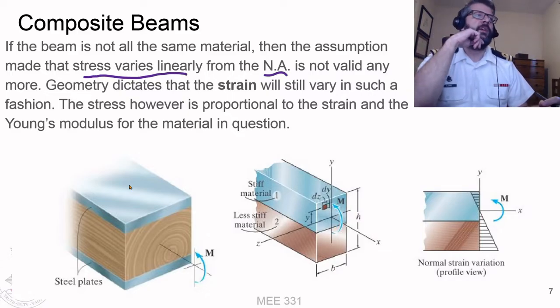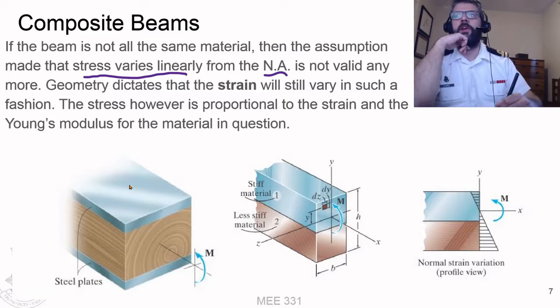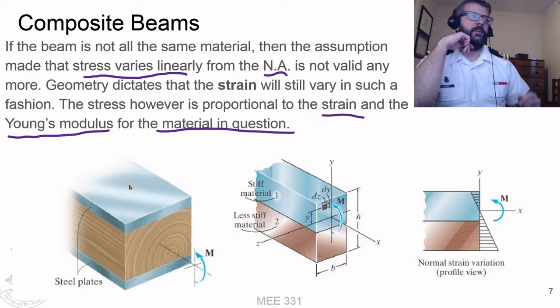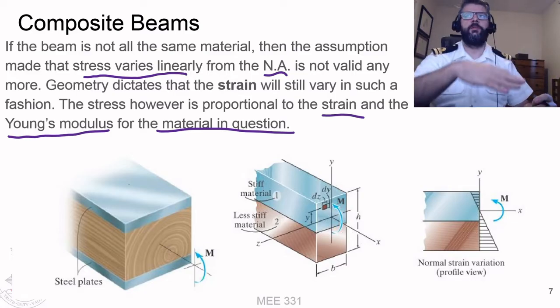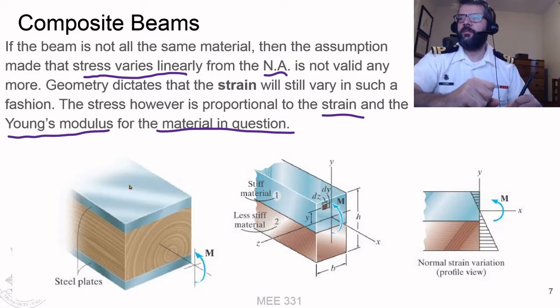So the stress is going to be proportional to the strain times the Young's modulus for the material we're looking at. We need to figure out how using different materials affects both the location of the neutral axis and the stress levels.